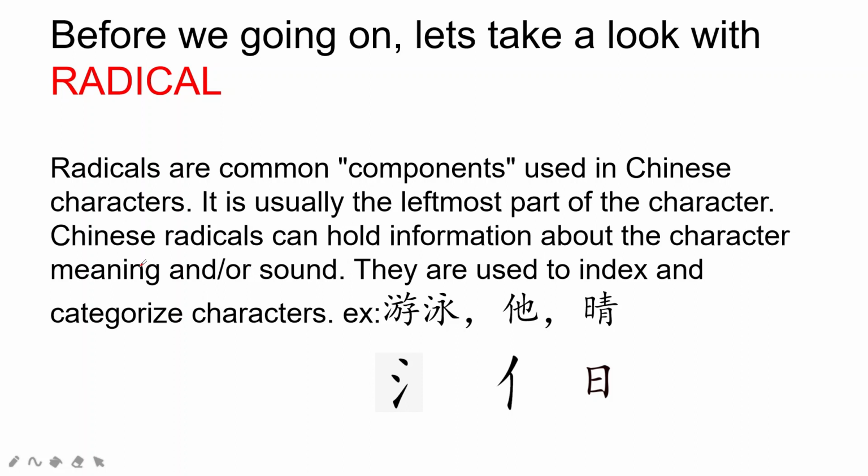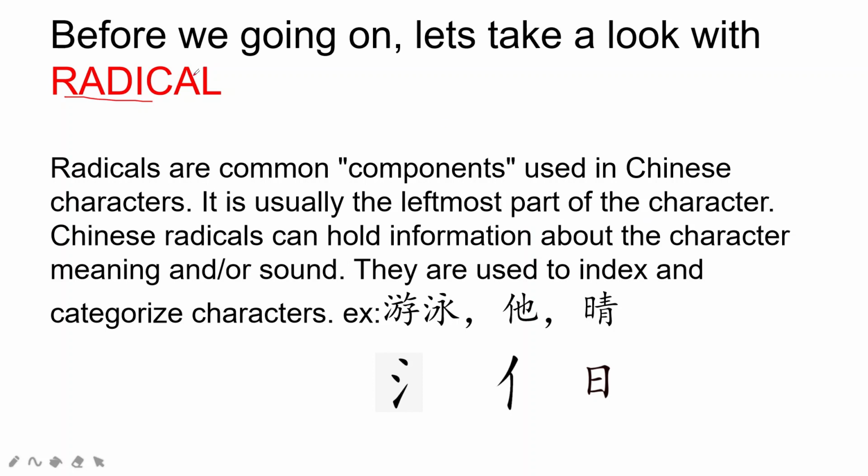Okay. Just now we learned two things. One is the Chinese characters derived from the picture, and second is from meaning. Before we go on, let's talk about the radical. The radicals in Chinese are commonly the components used in Chinese characters. This is usually the leftmost part of the Chinese character.